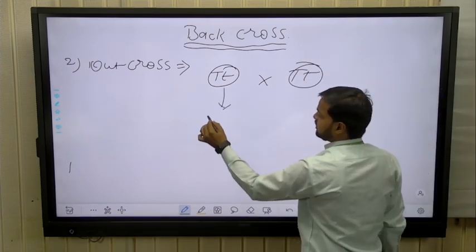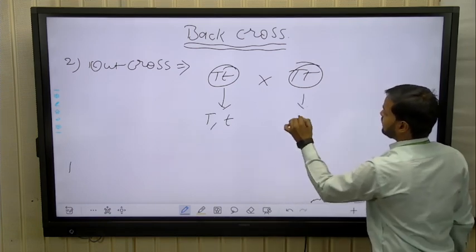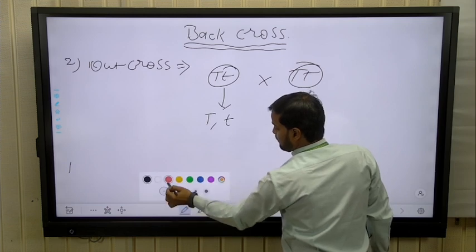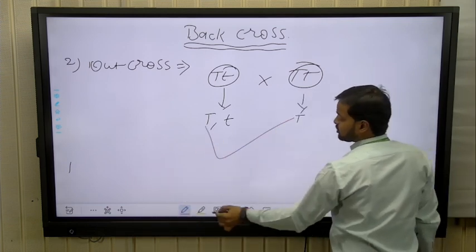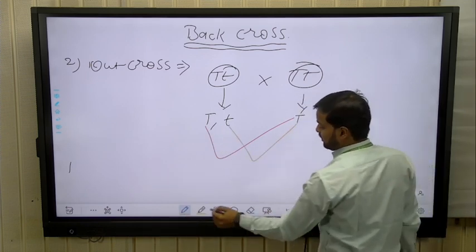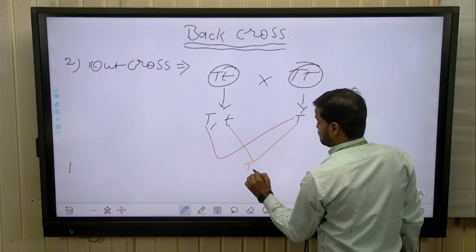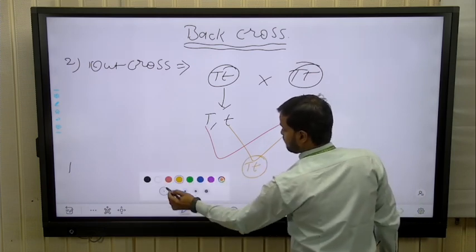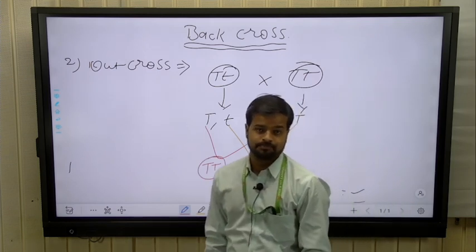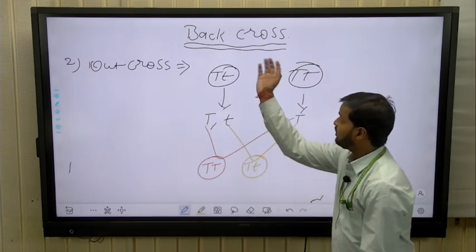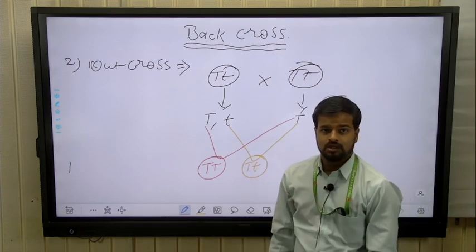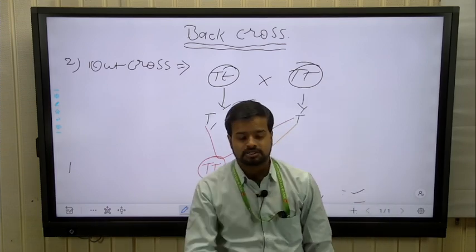Two types of gametes are formed on one side and only a single type on the other. Capital T crosses with capital T, and this one also crosses with capital T. We obtain the same genetic composition again. That means as we start this cross, we find the same genetic composition in the generation. That means it is fixed.